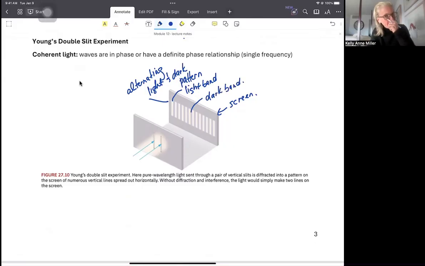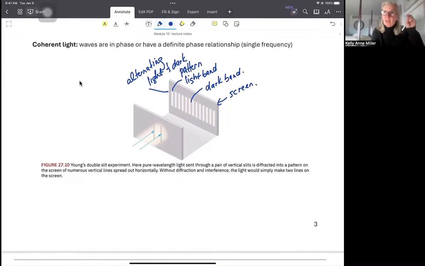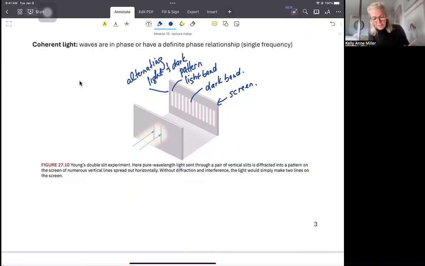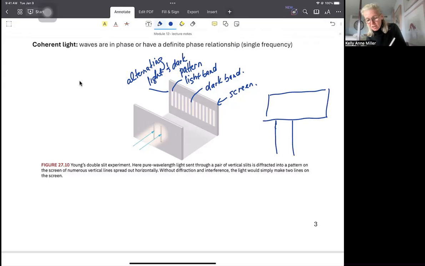Okay. And this basically showed that light has to be thought of as a wave in some situations, because if you could only conceive of light as a particle, then what you would have seen in this experiment was, in fact what he thought he would see, if these are the two slits and this is the screen behind, just two bright bands.